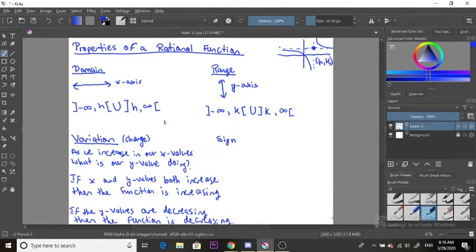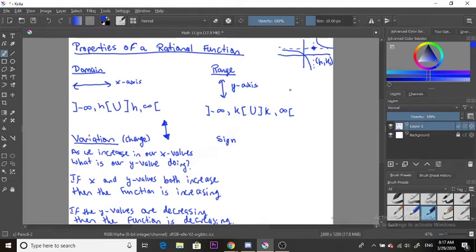These two, the variation and the domain, go hand in hand right here. So if you ever get the question asking what is the interval over which your function is increasing or decreasing, then you need to give them the domain.